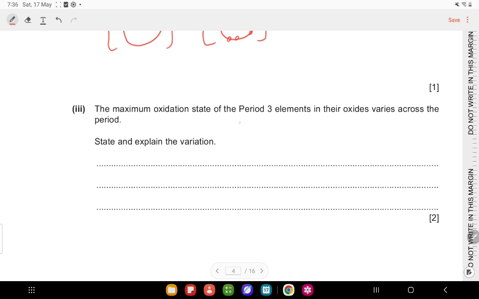The maximum oxidation state of the period 3 elements in their oxides varies across the period. State and explain the variation. Sodium, magnesium, aluminium, silicon, phosphorus, sulfur. Sodium has +1.